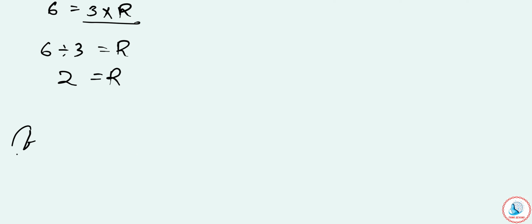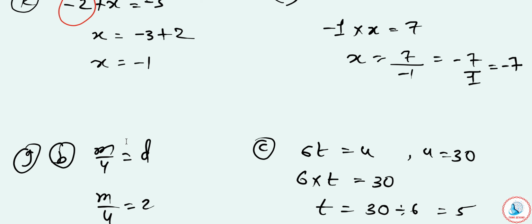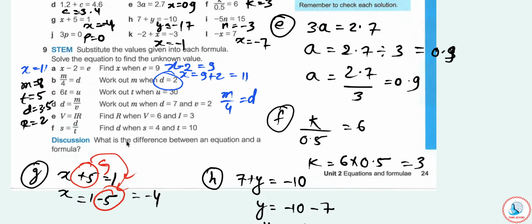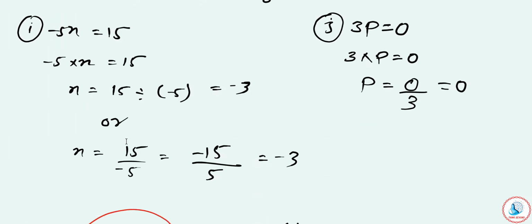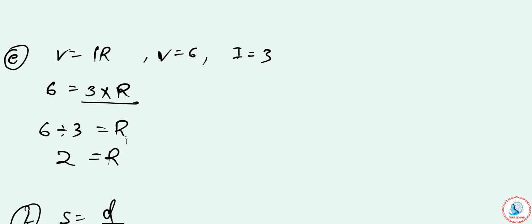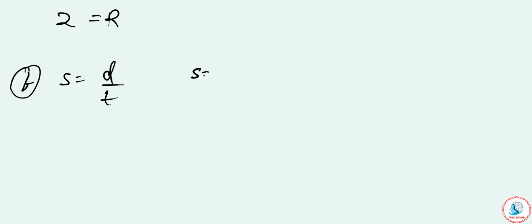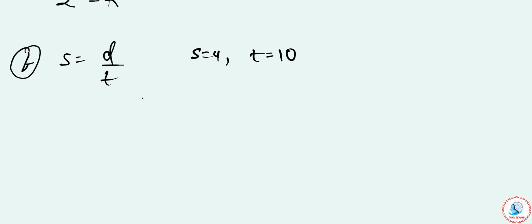Question F. S is equal to D over T, and the values of S and T are given. S is 4, T is 10, and we have to get the value of D. Just put the values. S is 4.